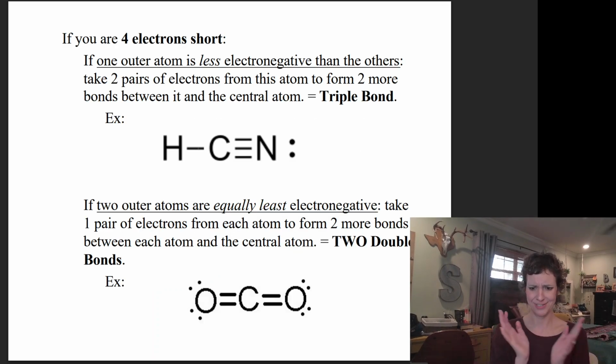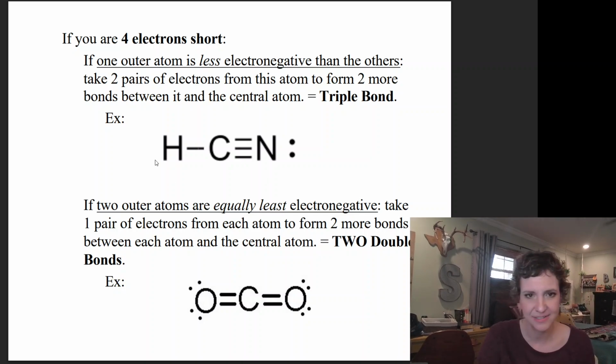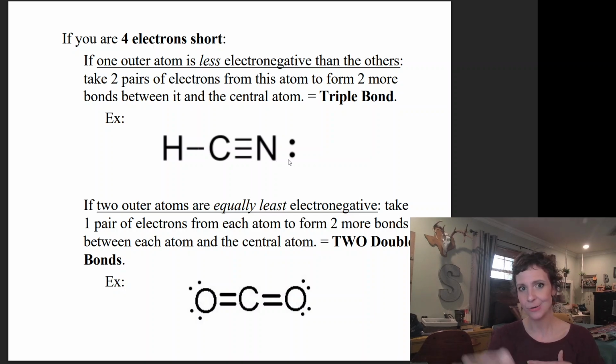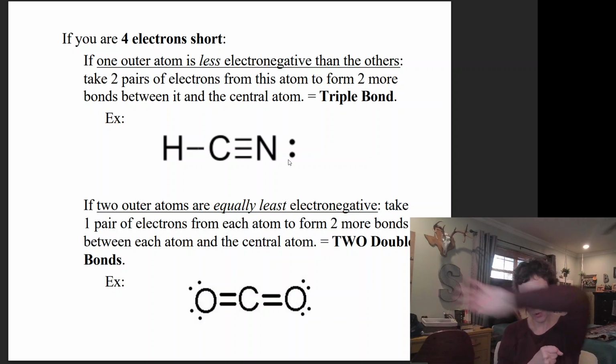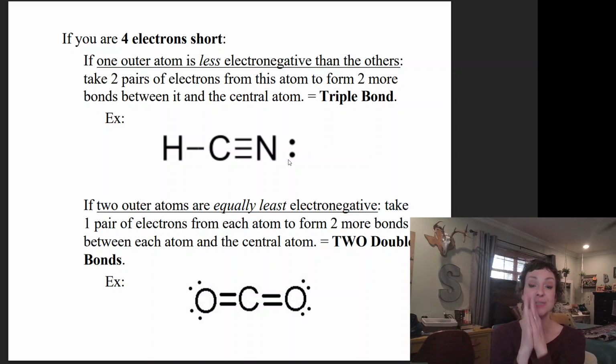What if I'm 4 electrons short on that central atom? And that central atom is like, yo, I need 4 more electrons from somewhere. Well, if the outer atoms are different, there will be one outer atom who is less electronegative than the other one. And if that's the case, this nitrogen is less electronegative than the hydrogen, he's actually going to take 2 pairs of electrons from him to form bonds between it and the central atom, and thereby I'd be creating a triple bond.